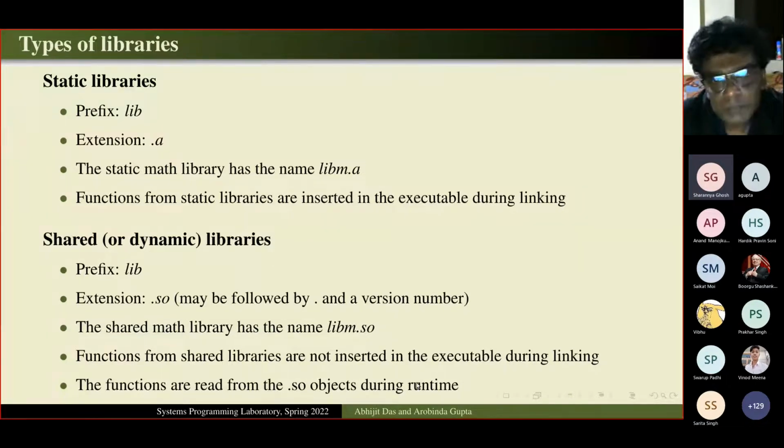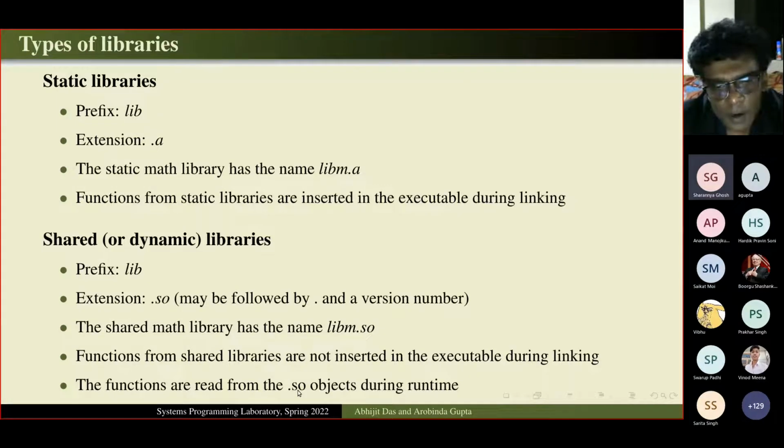And a good thing about dynamic libraries is that, if you look at static libraries, the entire static library is usually included in your executable. That adds to the size of the executable file.